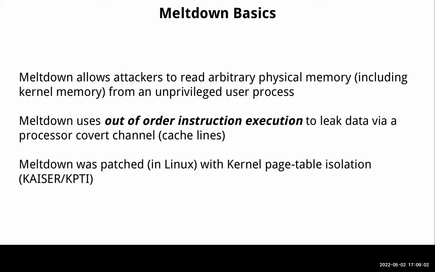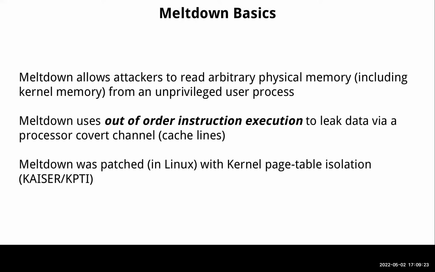So Meltdown, the root cause of this vulnerability, is an optimization feature called out-of-order instruction execution. This is another CPU optimization introduced decades ago to make your CPU run faster.